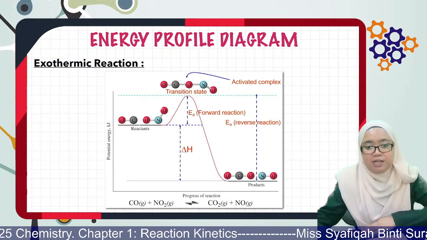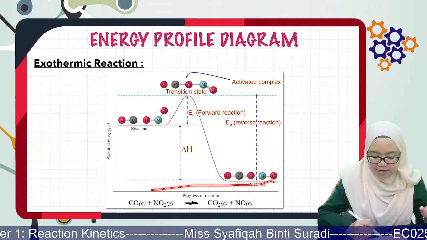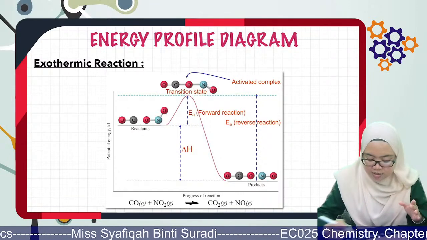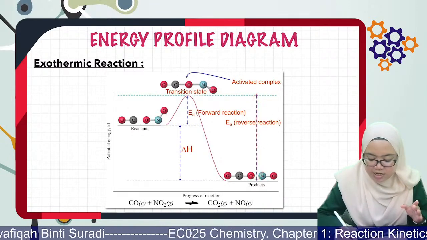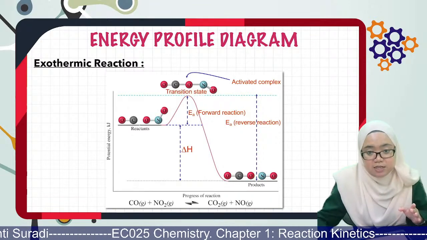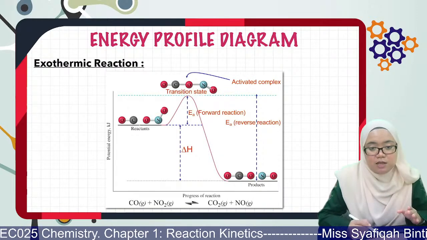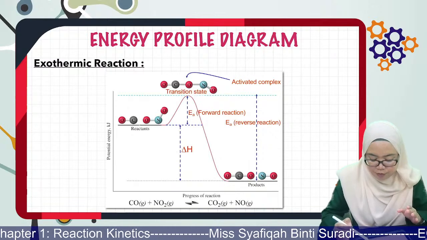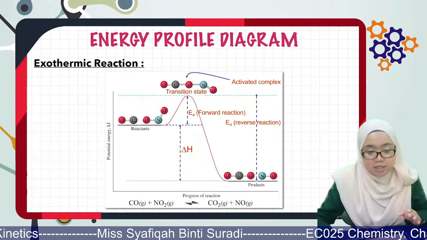Okay, now bila EA untuk reverse reaction means daripada produk patah balik nak pergi reactant. So maksudnya kita punya EA kita besarlah daripada produk bawah ni pergi puncak EA atas ni. So ini adalah EA untuk reverse reaction. Okay, and then kita ada difference between potential energy between reactant dan juga product. So difference between these two is delta H.